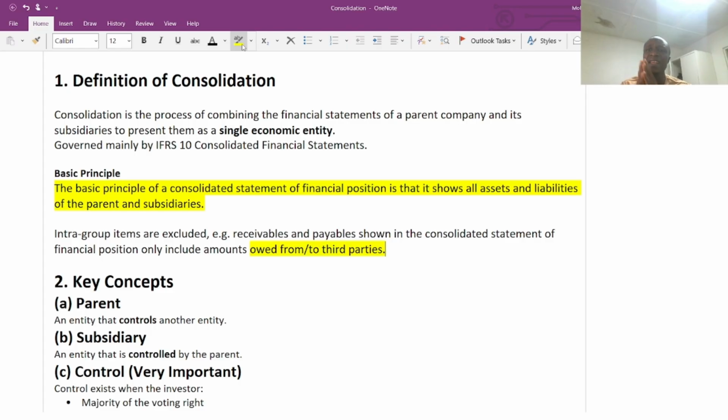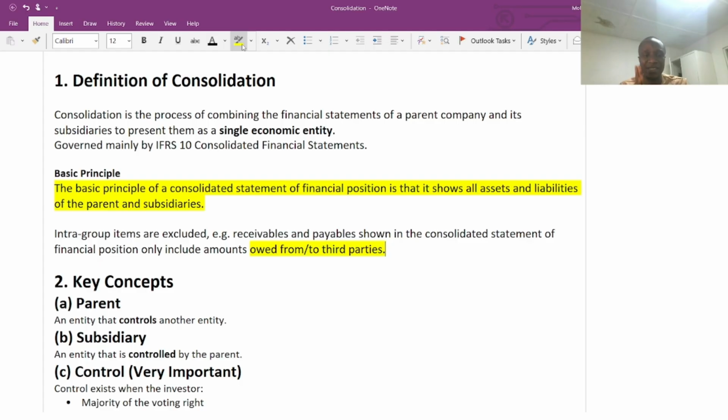Secondly, any intergroup transaction, meaning a transaction exclusively between the parent and the subsidiary, should not be included. For example, receivables and payables within the parent and the subsidiary should not be included. However, any transaction that is not within the group should be accounted for as a normal course of business transaction.